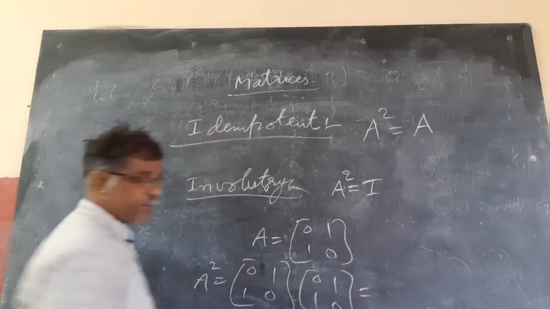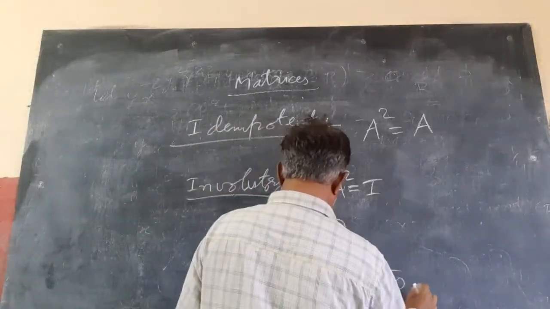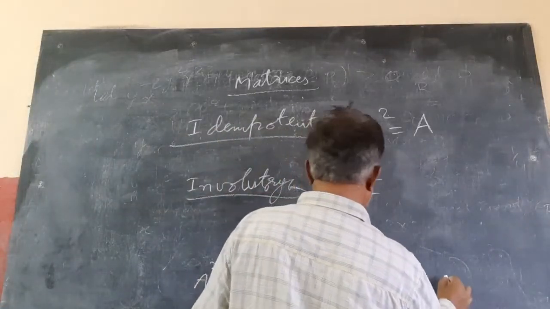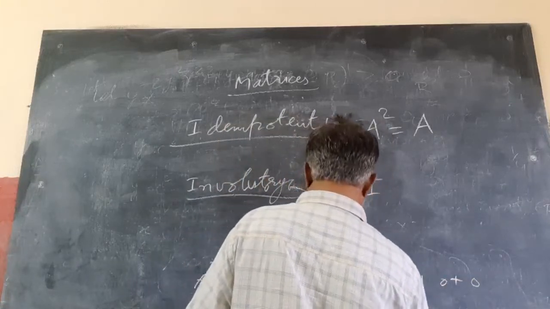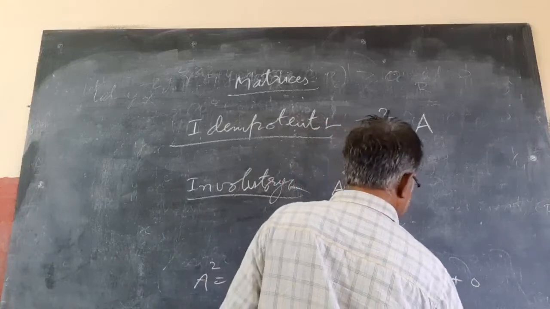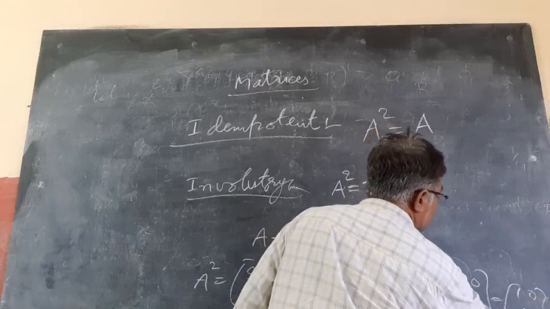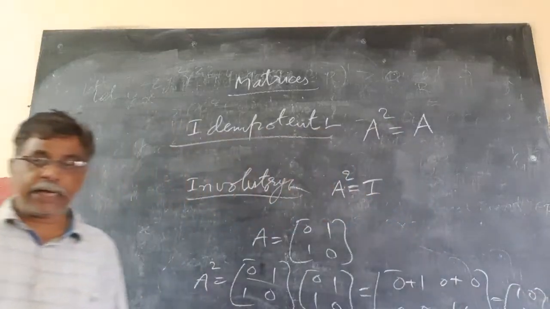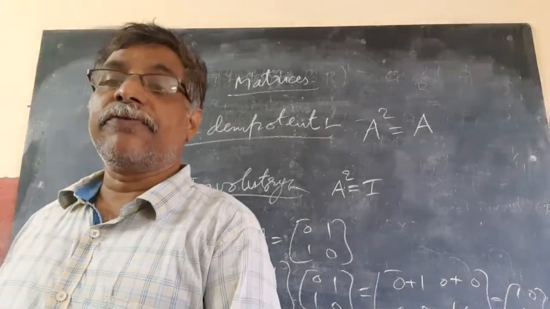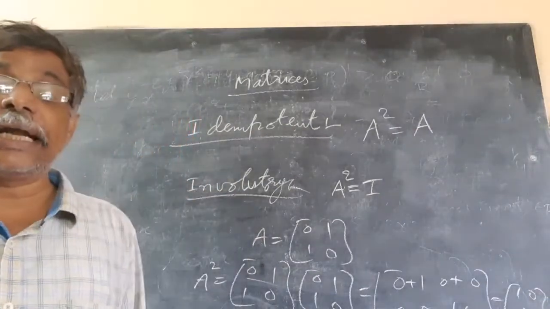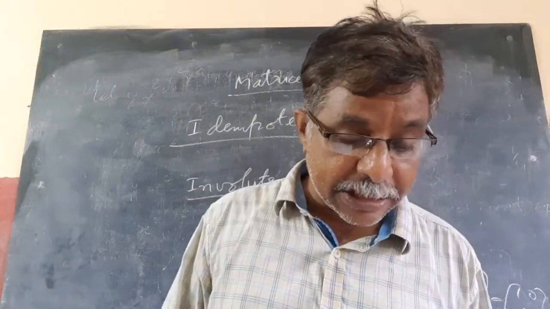In matrix multiplication, first row with first column gives 0 plus 1, next 0 plus 0, next 0 plus 0, then 1 plus 0. So what do we get? 1, 0, 0, 1. Is it I or not? So if A square equals I, then it is called an involutory matrix. If A square equals A, then it is called an idempotent matrix.